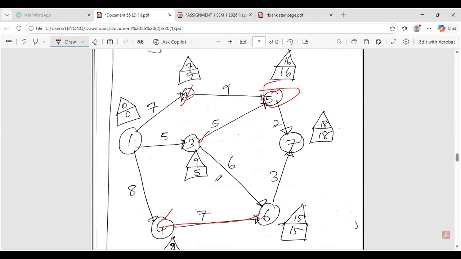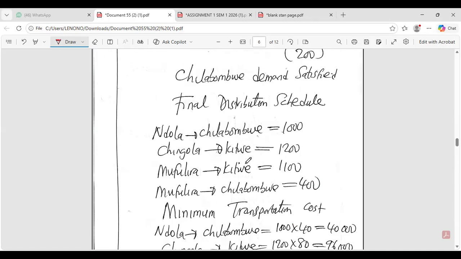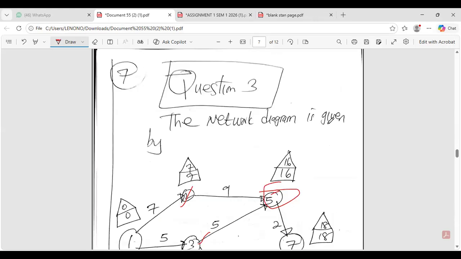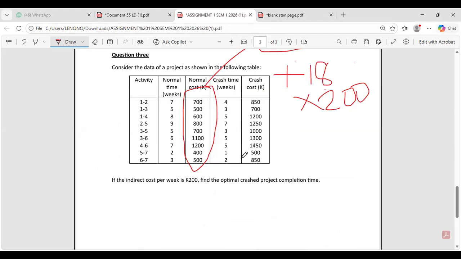Of the three topics, the first was on transportation, the second was question 2, and question 3 was on network crashing, where the indirect cost was also given. All right, so we end here for now.